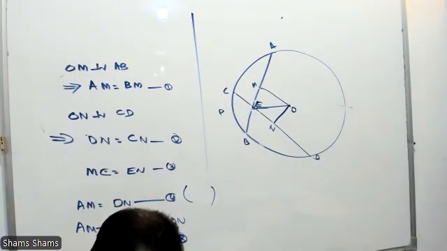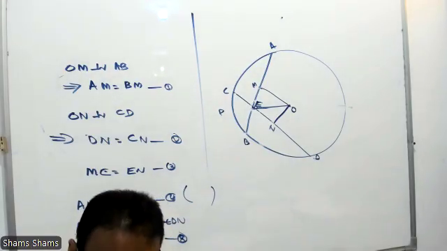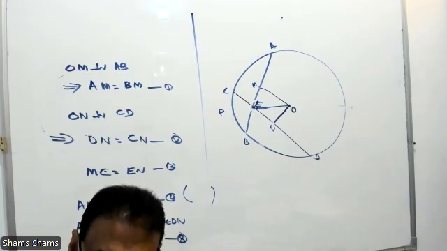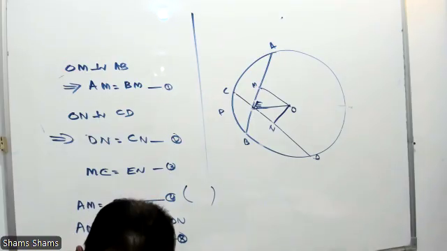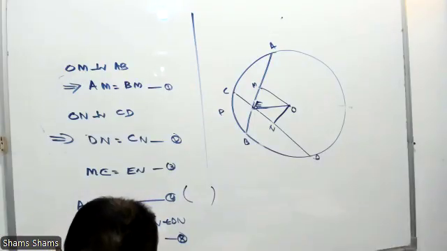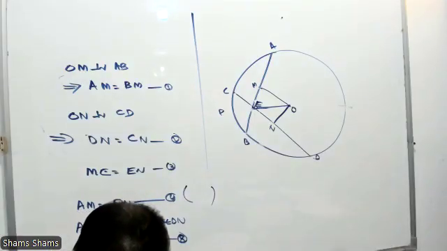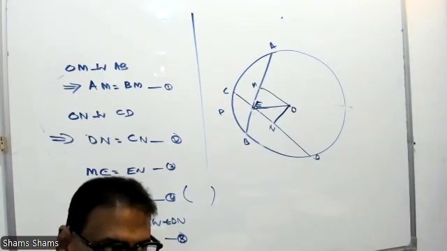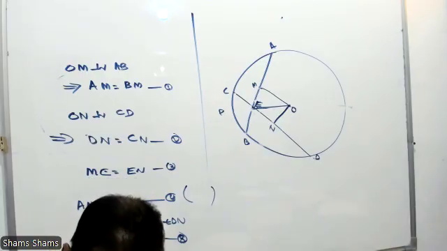Question again: if two equal chords of a circle intersect within the circle, prove that the line joining the point of intersection to the center makes equal angles with the chords.